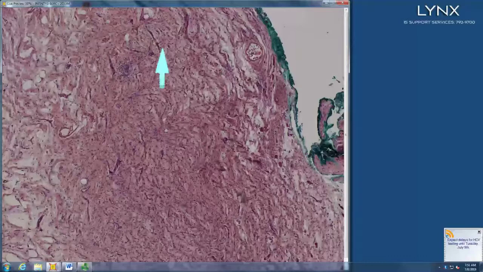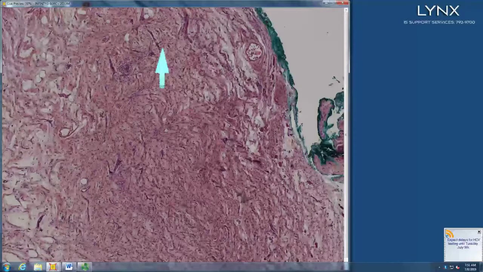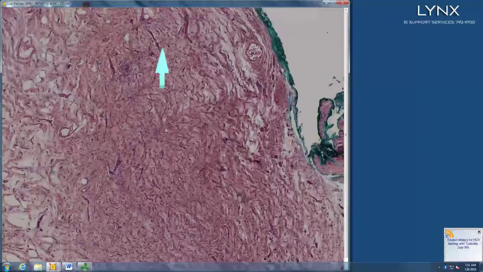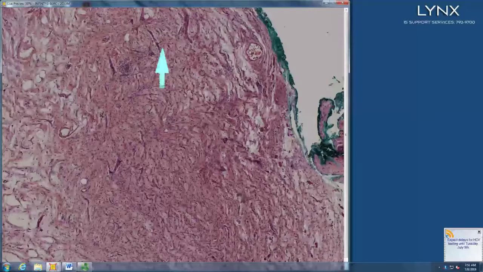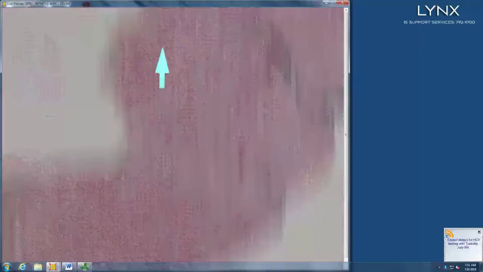Diffuse or plexiform neurofibroma go very strongly with von Recklinghausen's. Diffuse NF looks like an NF in any high power field, but grows into the fat like a DFSP.